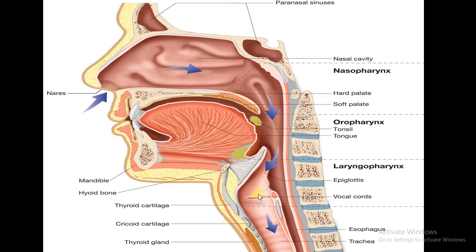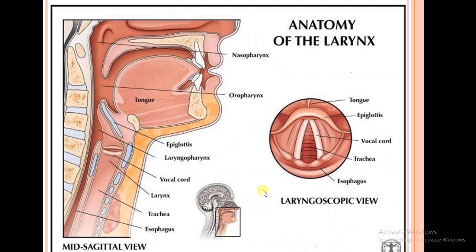The next part of the upper respiratory tract is the larynx. Now the larynx is also called the voice box because of a very important structure which is present in the larynx. These are called vocal cords. Now these are the vocal cords you can see in this diagram.